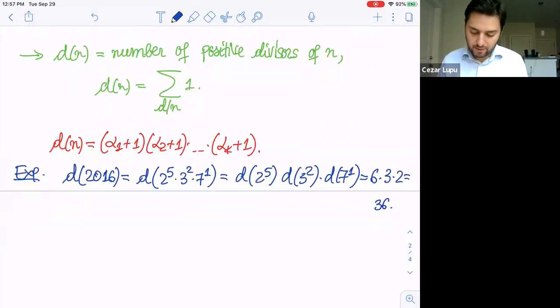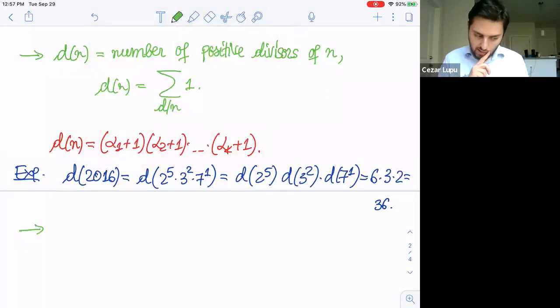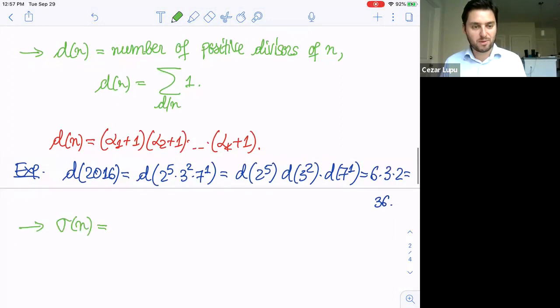Now we have another function, the sum of divisors function. I will be talking about this function at the Math Club seminar, to which you are all invited. You will see how important this function is, relating to one of the most important problems in mathematics.